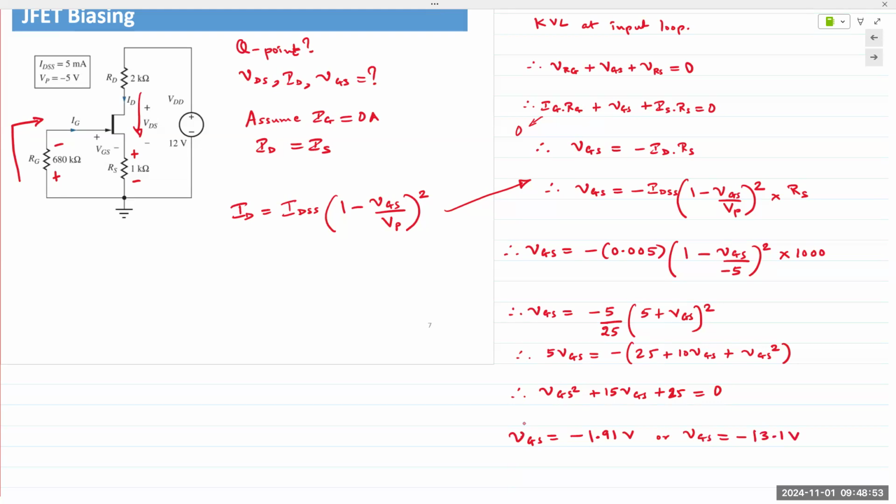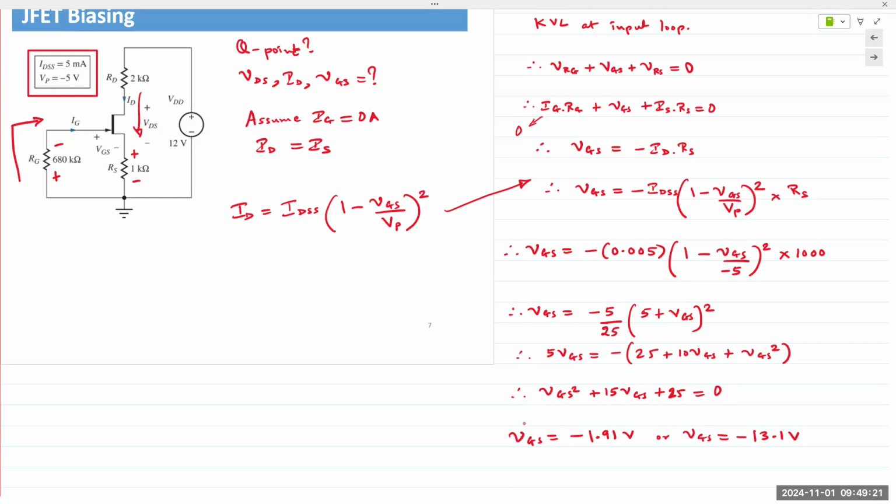All right, write it down, think over this, and let me know what do you think is the correct value for VGS. Take a look at all the information that is given to us. Why? Yep, absolutely.